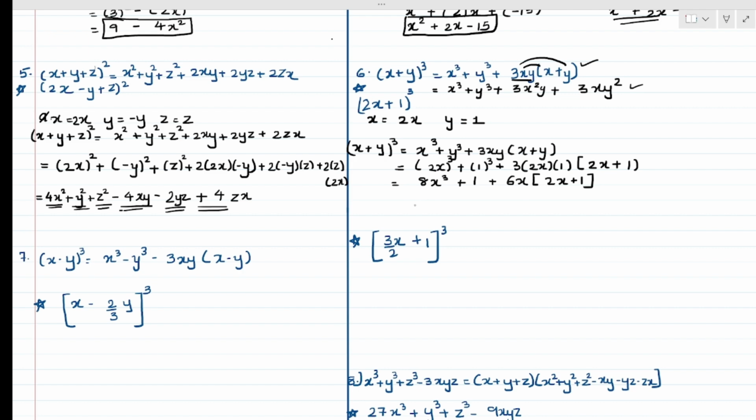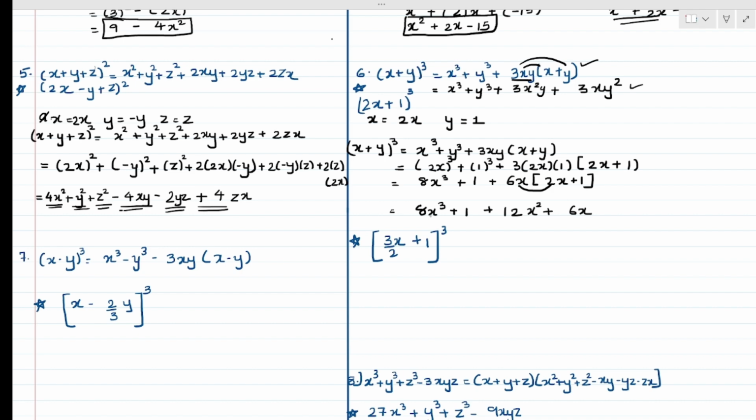Further solving this bracket, you will get 8x cube plus 1 plus. Now, as you can see over here, bracket means there is a multiplication you should do over here. 6 times 2 gives you 12. x times x gives you x square plus 6x times 1 gives you 6x.